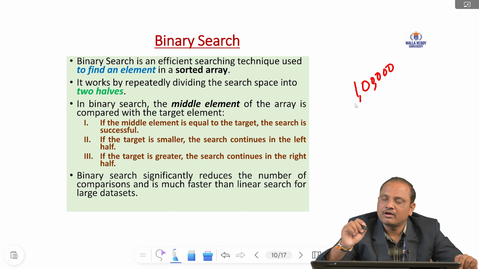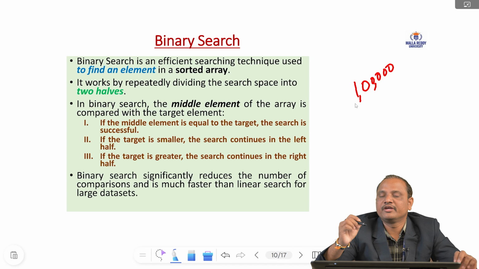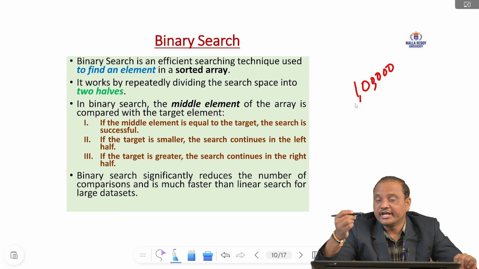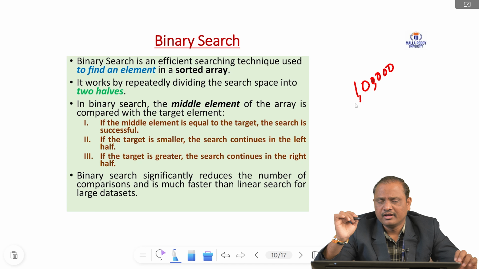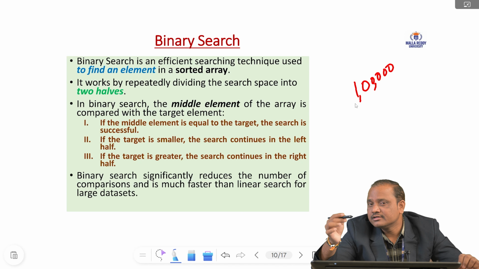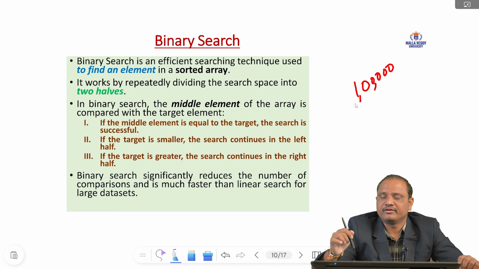When we are using large arrays, it will take very much time to find the element. If the element is at the beginning of the array, then it is okay, it is simple and it will return immediately. But if the element is in the last position, then it will take more time.